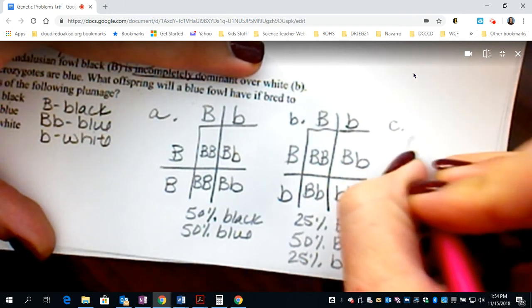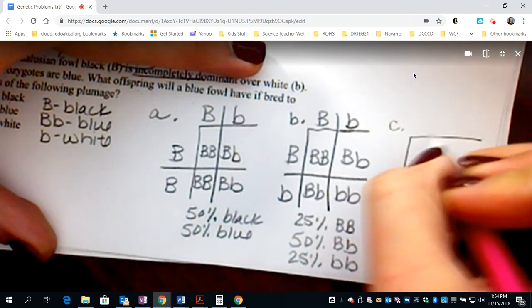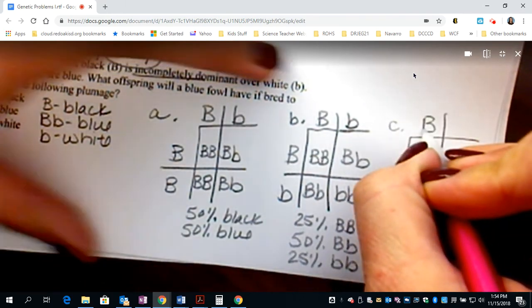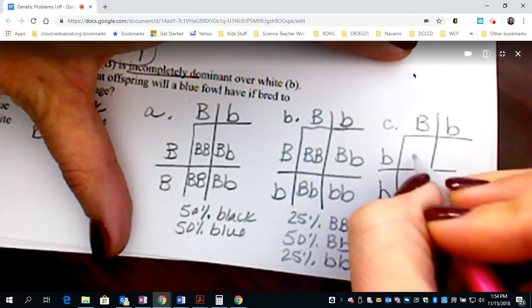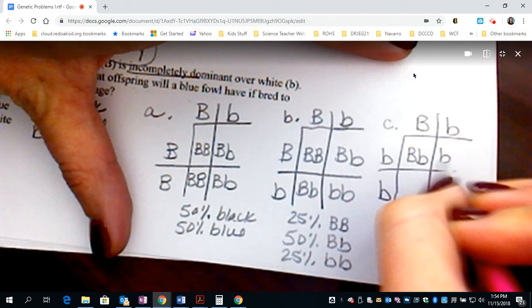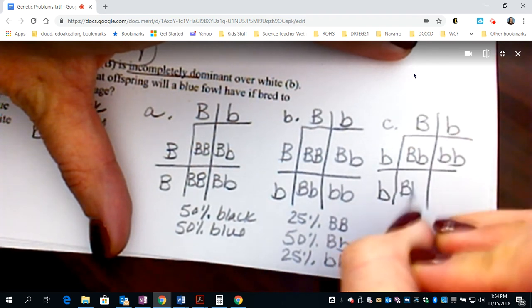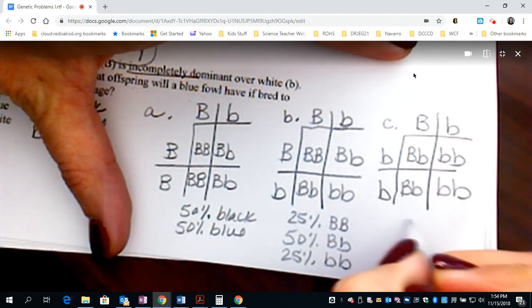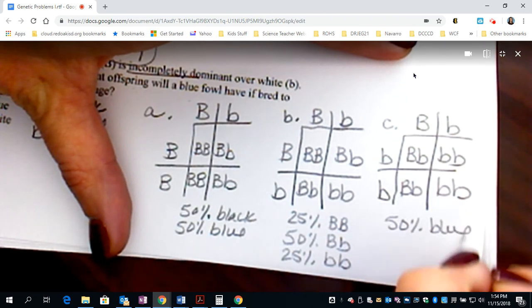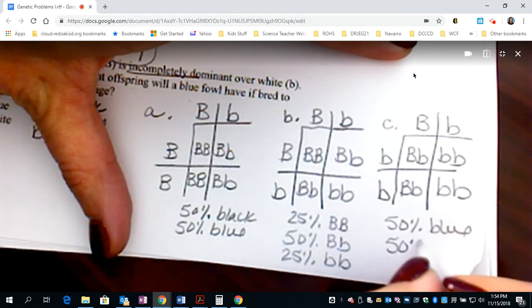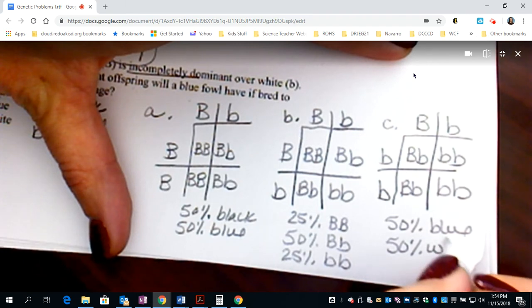If I did the last one, it says cross the blue with the white, I would get 50% blue, 50% white.